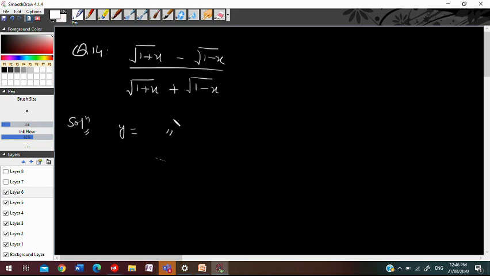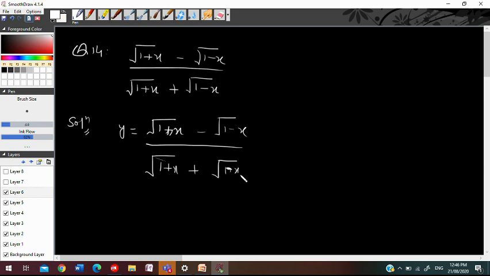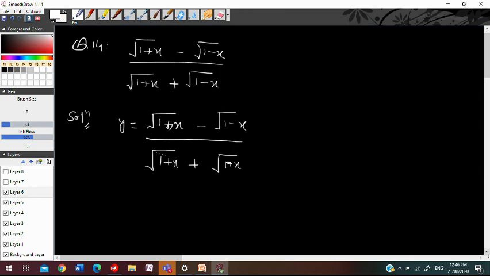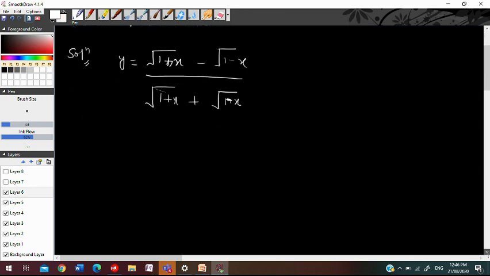So first, 1 plus x minus 1 minus x divided by 1 plus x plus 1 minus x. Before starting differentiation, first I would like to simplify this equation. For simplification I would like to apply rationalization.